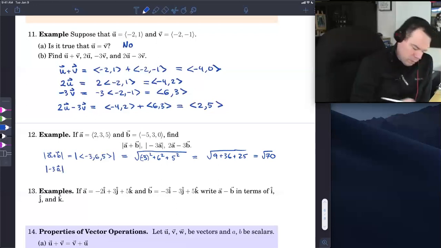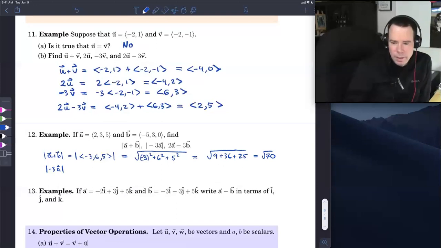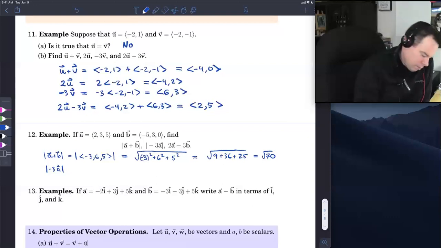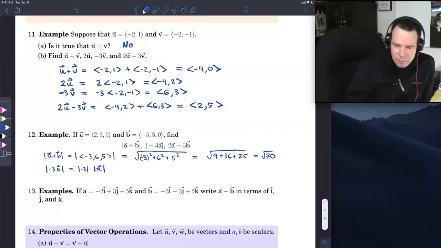The next one we can do is -3 times a, the magnitude of that. And here is where we want to just pause and think: do I want to multiply by -3 through a and then sum all the squares of those things? Well, that would make the numbers get a lot bigger faster, and it would be a little bit easier to just realize that the length of -3a is really just the length of a multiplied by the magnitude of the scalar that I'm using.